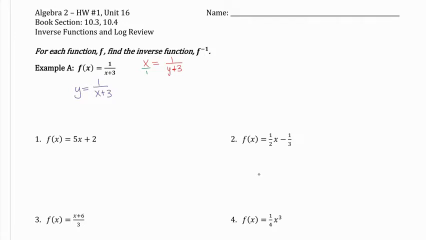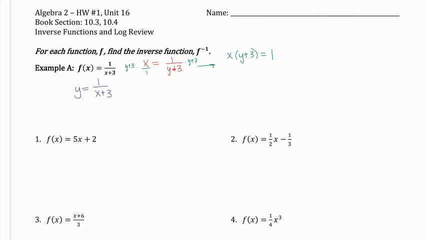So if I do x times y plus 3, I can write that as x times y plus 3 for one cross product equals 1 times 1 is 1, or you can think of it as I'm multiplying each side by y plus 3. That way I can get the y out of the bottom of the equation.